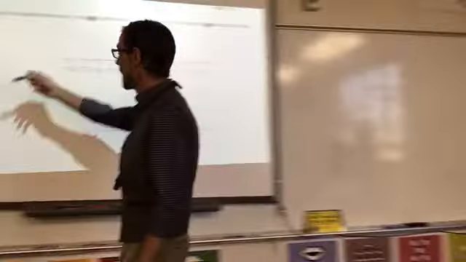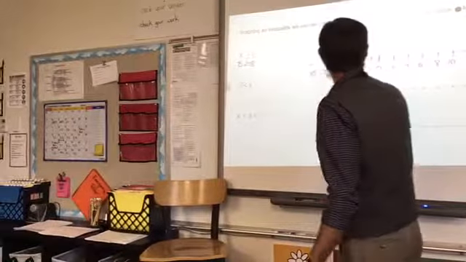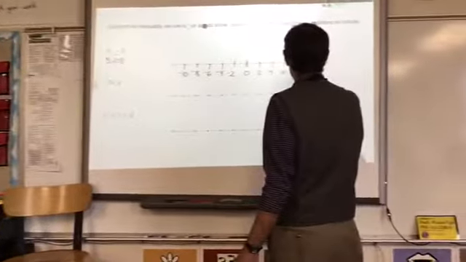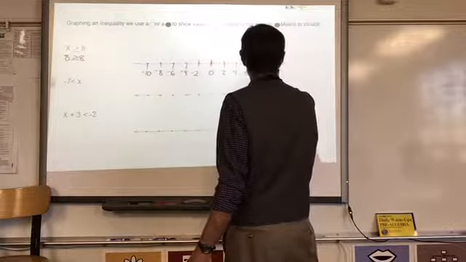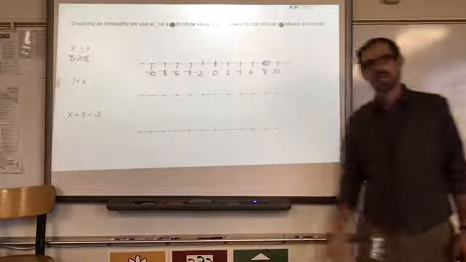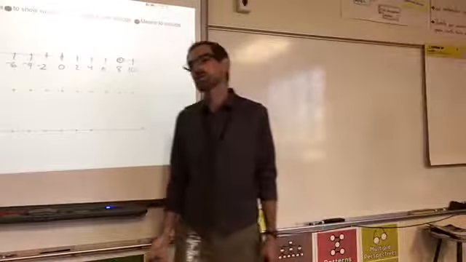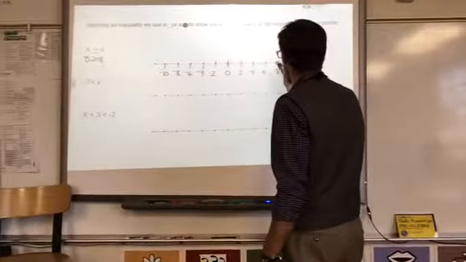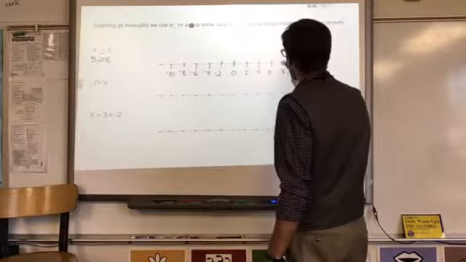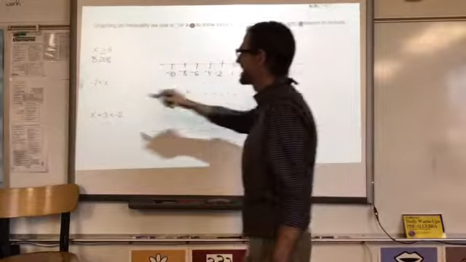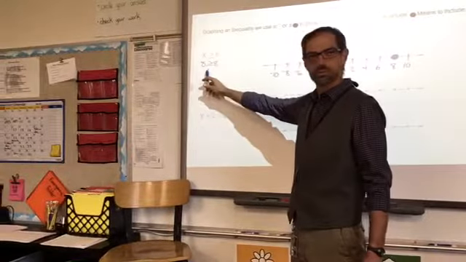It does, because 8 is equal to 8. So I can go to the 8, and I'm going to put a circle. And I'm going to fill in the circle because it is equal to.